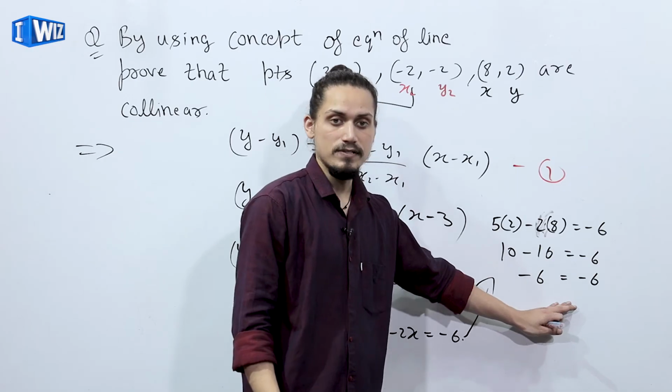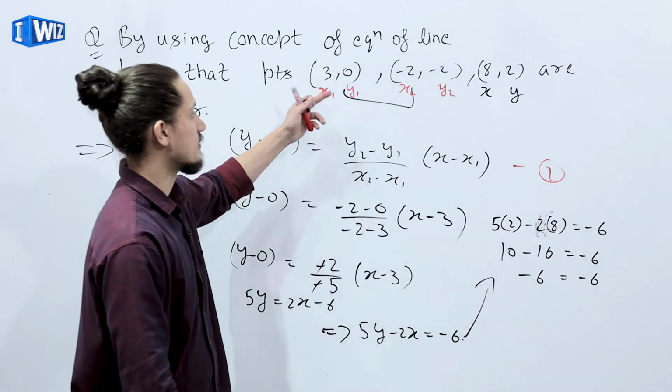So we get left hand side is equal to right hand side, implies these 3 points are collinear.